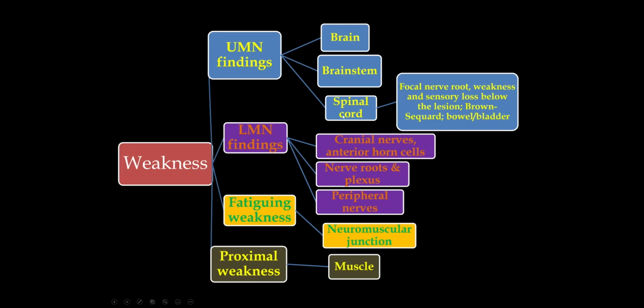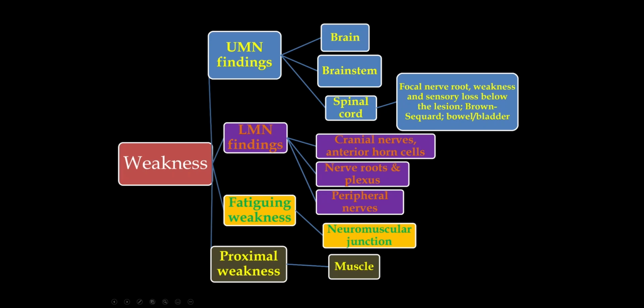Now in the spinal cord, again, lots of upper motor neuron findings. The rule of thumb here is that when we involve the spinal cord, the nerve roots are right adjacent. They come out of the spinal cord. So we're going to get focal nerve root involvement, and we're going to have weakness and sensory loss below the level of the lesion.